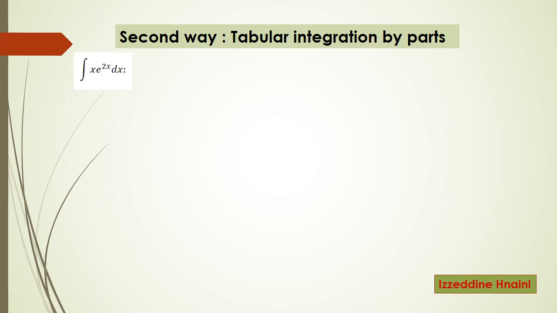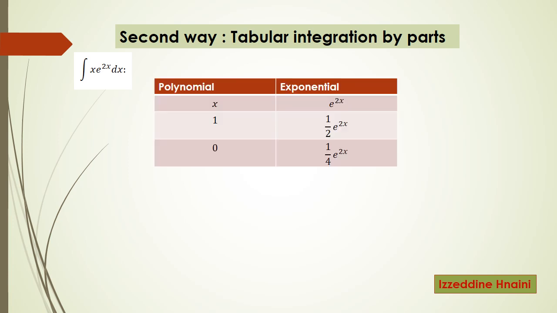Second way, I will take the same example, antiderivative of x e^x. This way is called tabular integration by parts. I will put a table. In the first column, I will write the polynomial beside the exponential, which is here x. And in the second column, I will write e^x. Now, in the first column, I will make the derivative of this polynomial until I get 0.